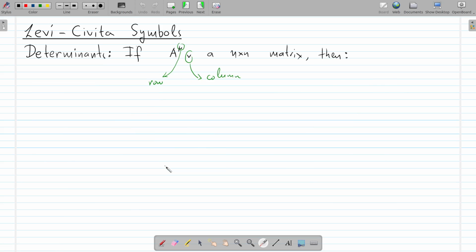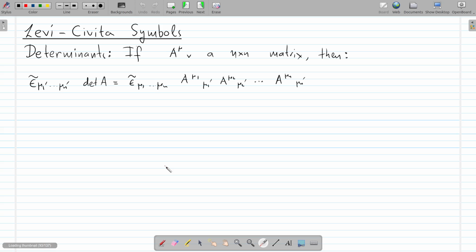The Levi-Civita symbols are very important because they are related to the computation of the determinant of a matrix. So if we consider an n by n matrix, then we know from linear algebra a very important identity that relates the determinant of a matrix to a product of n factors of its matrix elements.